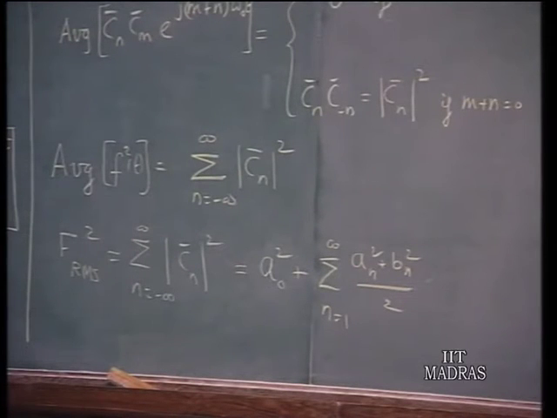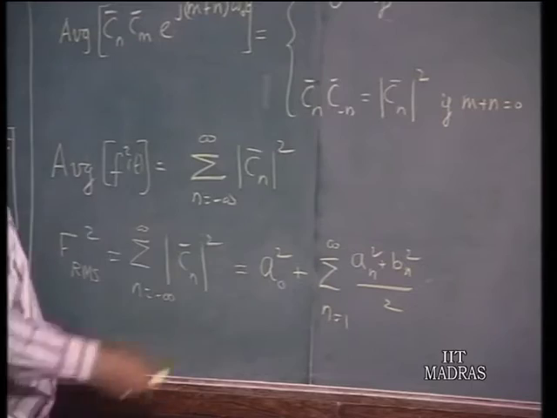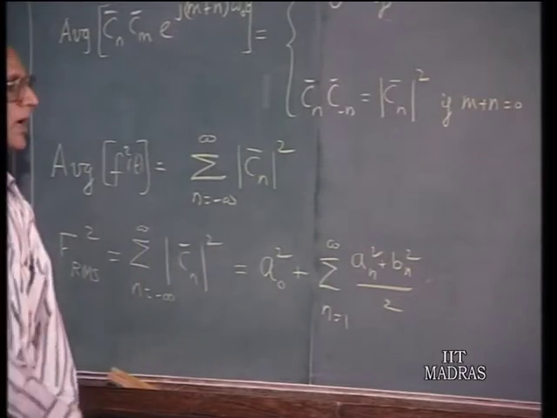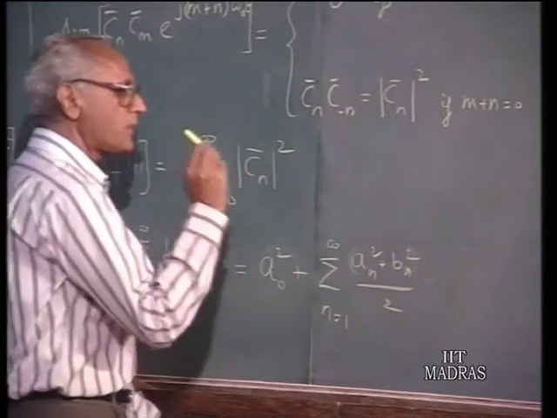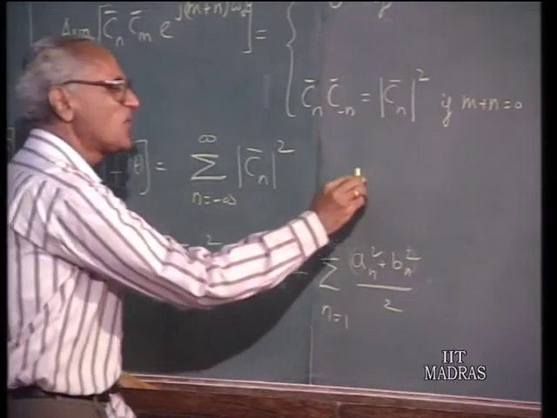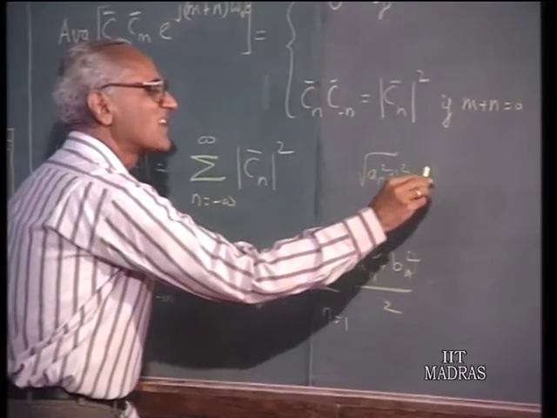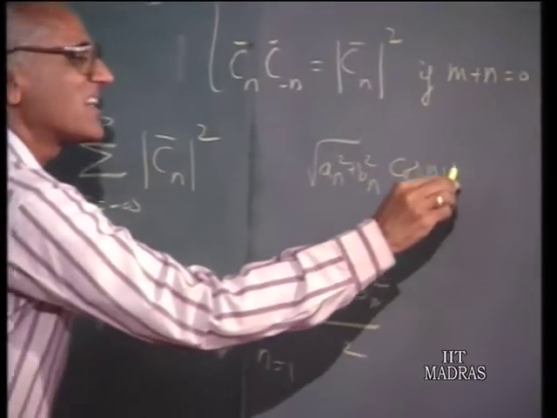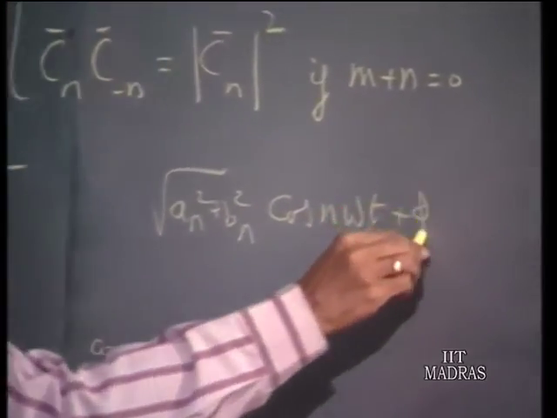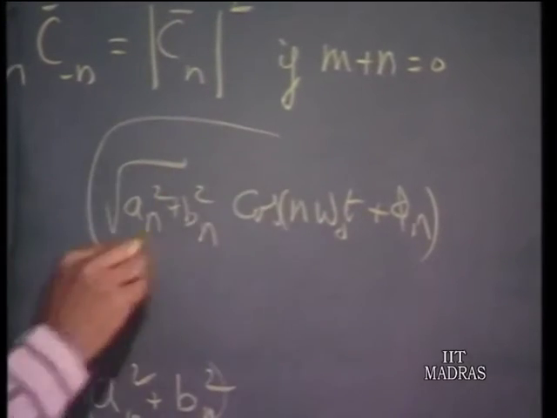So what do we find? That the RMS value of a composite periodic wave, the square of that, equals the square of the DC term and the sum of An squared plus Bn squared over 2. The root of An squared plus Bn squared, times cos n omega naught t plus phi n, as you recall, is the nth harmonic.